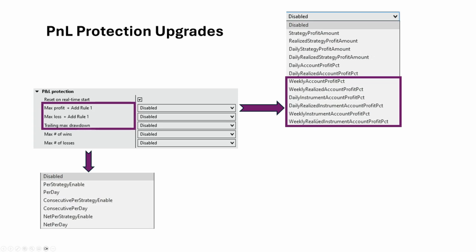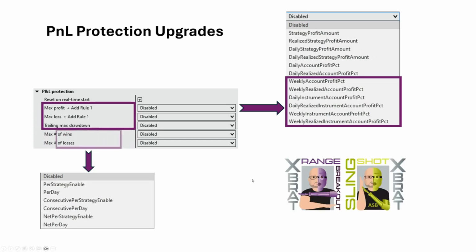So quite a few more options there, which gives you some more control over that P&L protection through each day, but then also through the week, and have them all running continuously at the same time. So for example, if you've got range breakout and slingshot both trading on gold, once you get to your weekly instrument account profit for gold, none of them will trade anymore. It'll just switch them all off.